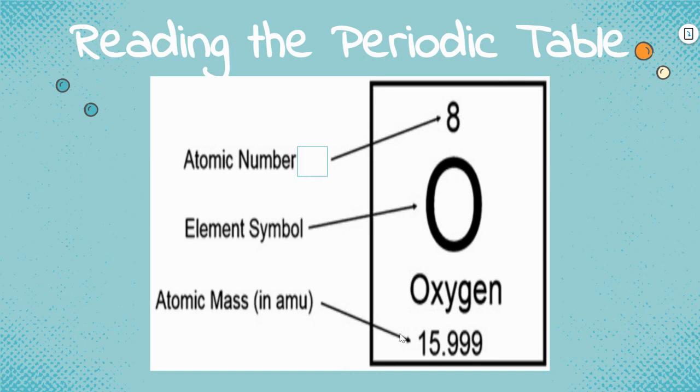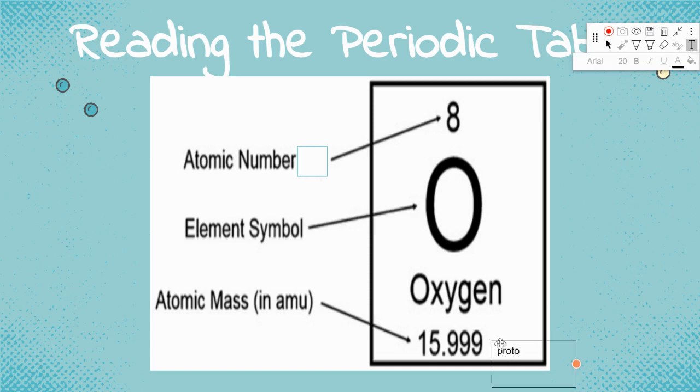And then the other number that's going to be on there is always going to be the larger number, and the larger number is always going to be the atomic mass, right? Because the atomic mass is protons plus neutrons. So remember that. That's what that means right here. Whenever you see the atomic mass down here, remember atomic mass is just protons plus neutrons.